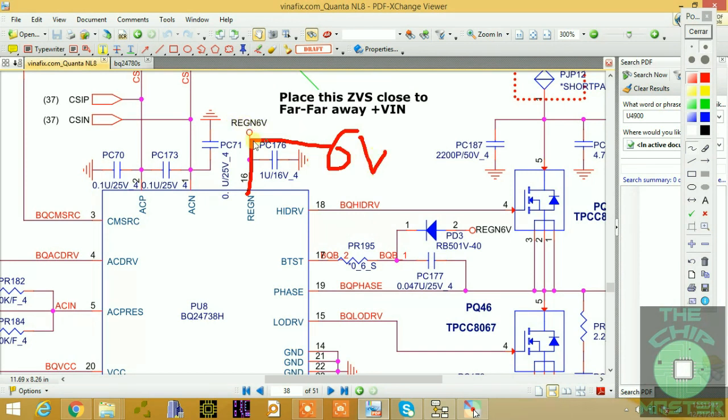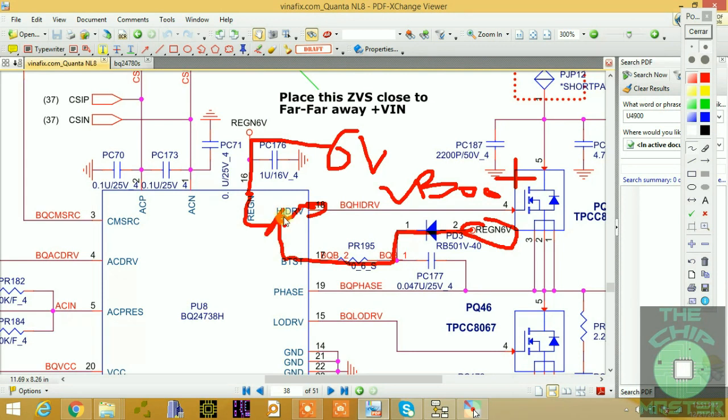So this is 6 volts coming out of this IC, right, and this is also helping to create the VBOOT. This is your driving linear voltage of the VBOOT for the upper MOSFET. As you can see, here it is, REGN6V coming through a diode to boost, and it is connected to drive the upper MOSFET. This is known as the VBOOT, right?